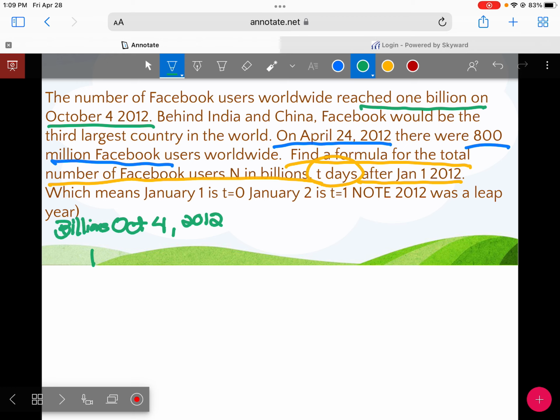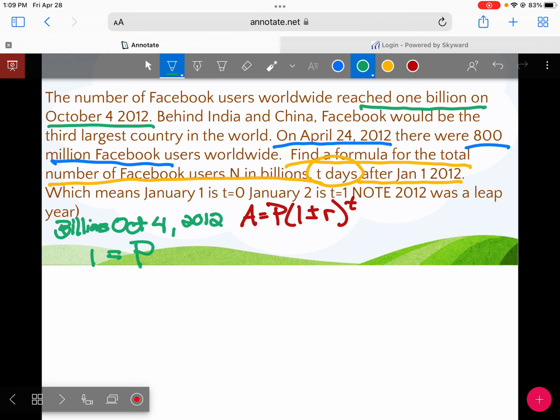So 1 billion is equal to, and let me just put this up here to help remind us what it is we're doing. 1 billion is equal to, do we know the initial amount? No, we don't. So I'm going to leave that as P for right now.